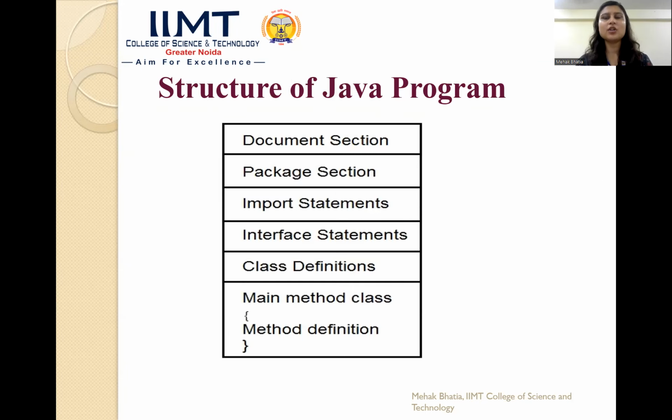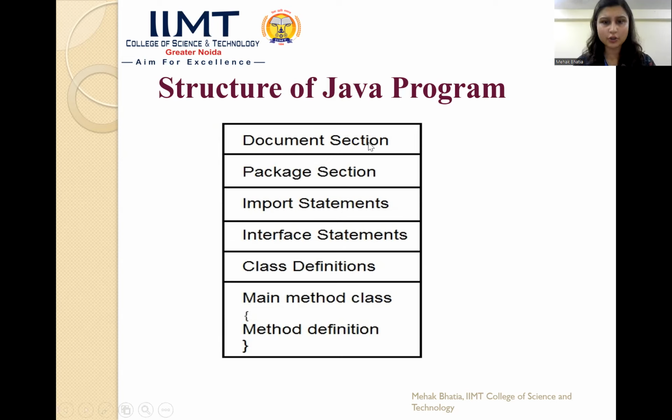Now, these were all the features of the Java programming language. Now, let's move on to the second part of this session, which is the structure of a Java program. As you can see here, this is basically the structure of any Java program.